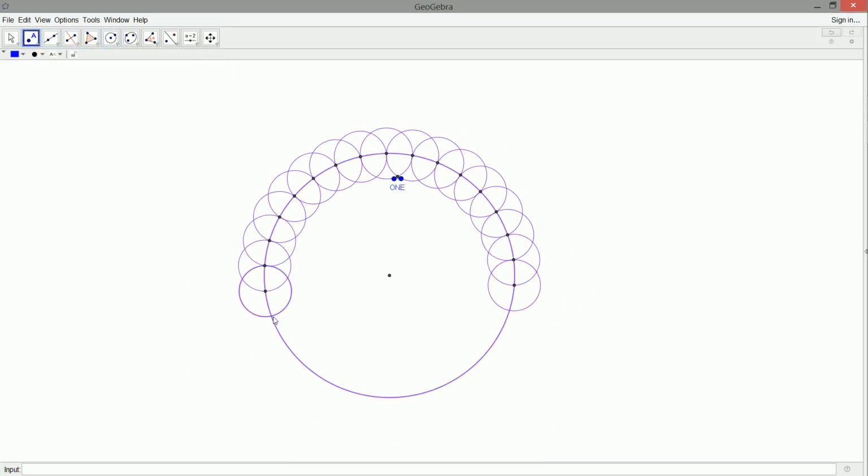So we'll zoom out. We need a little bit more space. Not much to talk about when you're just creating circles.